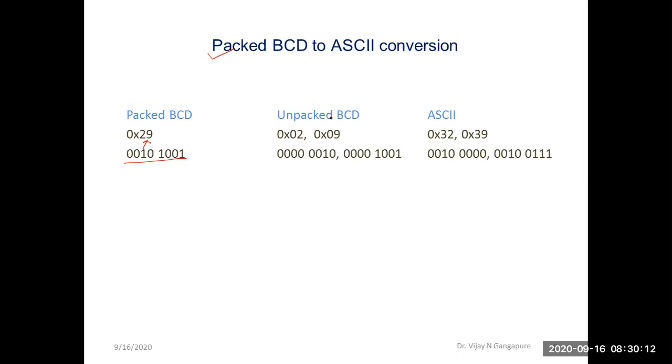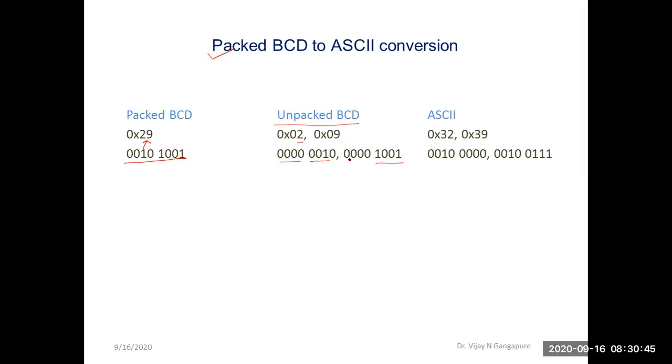So if we convert this 0x29, or the 00101001 BCD number, to an unpacked BCD number, that means to represent 2 we have to use 8 bits, and to represent 9 we have to use another 8 bits. So here 0x02 is representing BCD number 2, that is 0010, and 0x09 in hex is representing BCD number 1001.